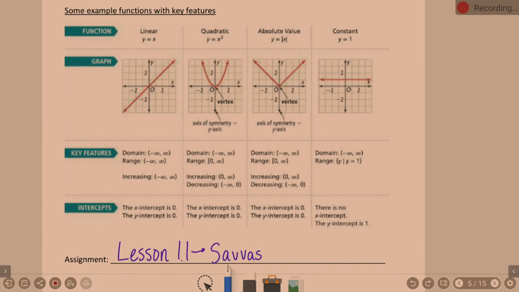On this one, it's a little different because the only y value it ever touches is 1. They've got generally what increasing and decreasing will look like, which matches up with our other page, and generally what your intercepts are, if the graphs aren't moved or shifted. So that's a chart that can be helpful to refer to when you're looking at homework.